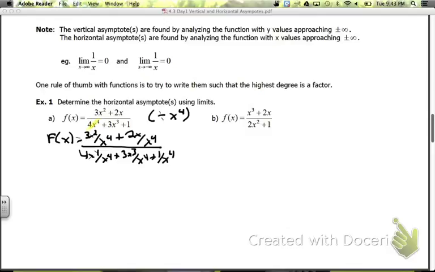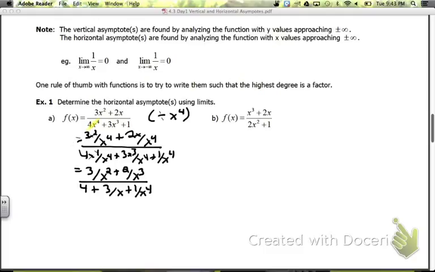Okay, so we can now simplify this, so we get 3 over x squared plus 2 over x cubed all over 4 plus 3 over x plus 1 over x to the power of 4. Now, sorry, this should have been written differently there.